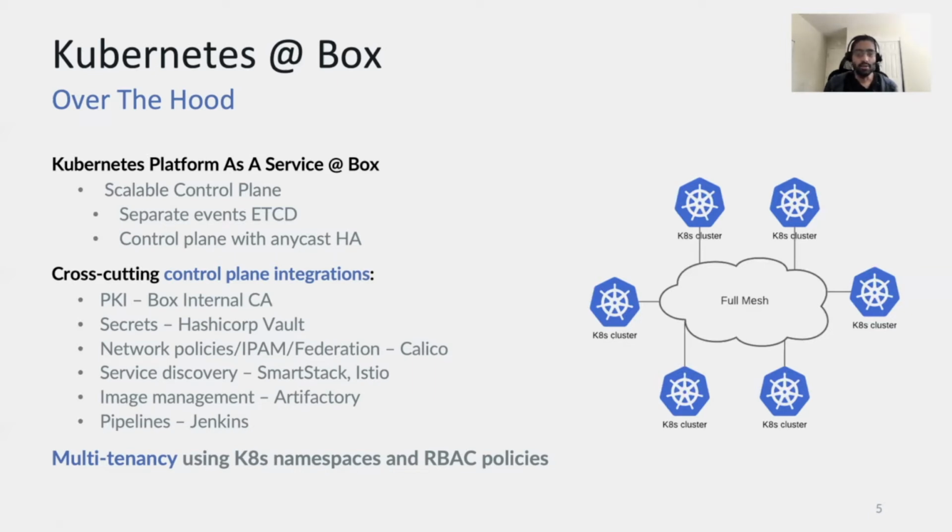For pipelines, we leverage Jenkins. Multi-tenancy is set up using Kubernetes namespaces and RBAC policies. The image on the right side shows the full mesh setup that we have for Calico and SmartStack between the clusters within on-prem and between on-prem and public cloud across various regions.